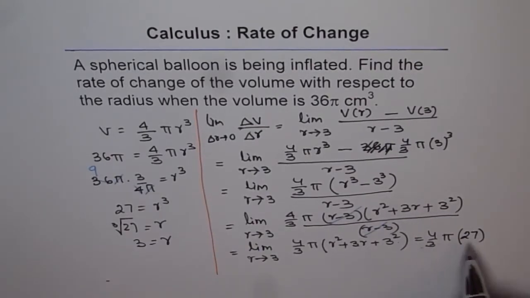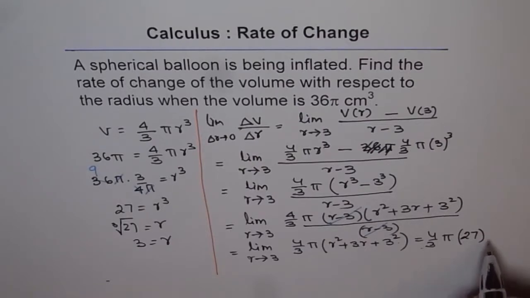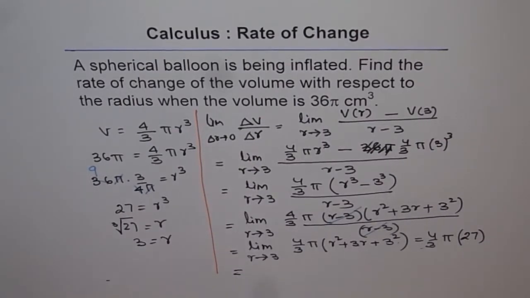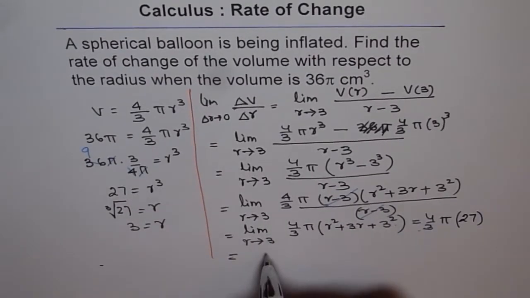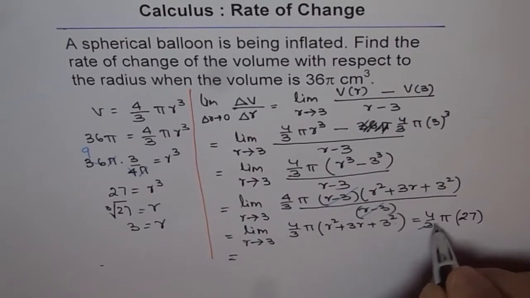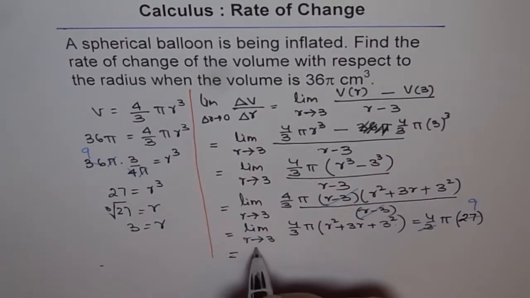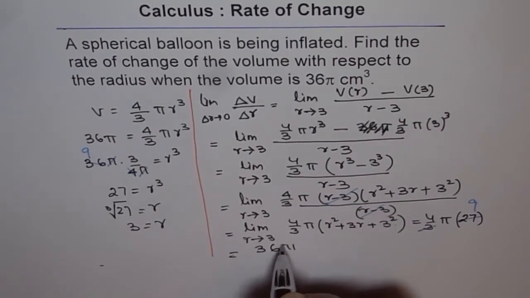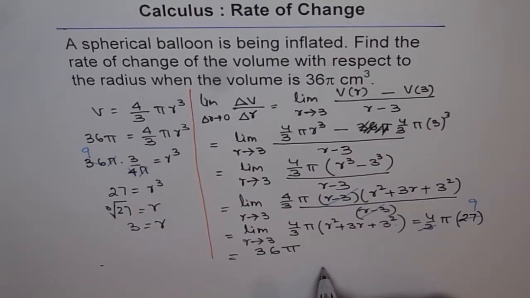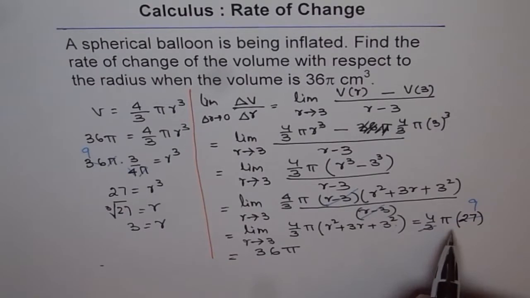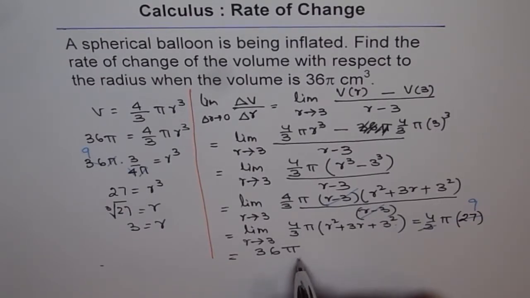And then we can simplify this and get our answer, which is equal to 4 over 3, so 3 goes 9 times. Let me simplify this here itself, and we get 4 times 9, 36 pi as our answer. Do you see that? 36 pi in this case, and you can multiply by pi and write it in decimal numbers also, but that's good enough.